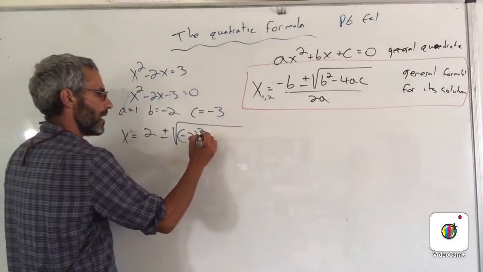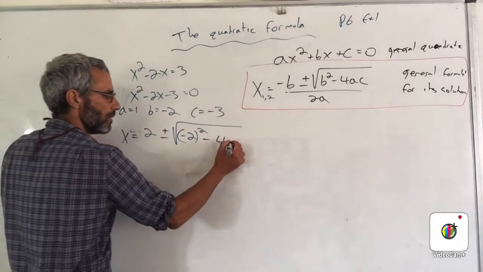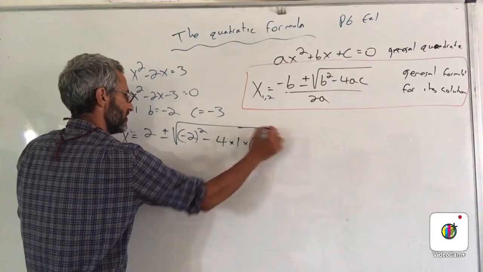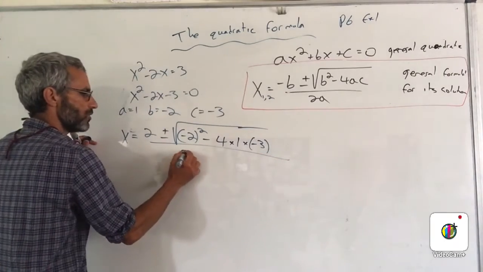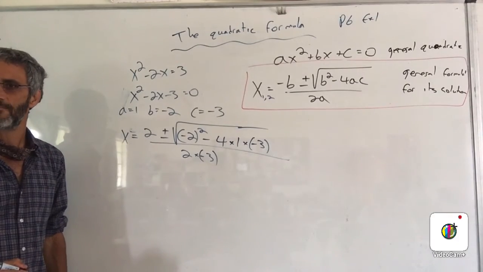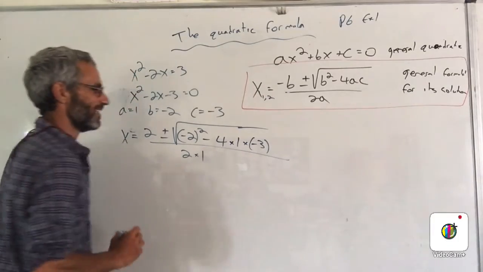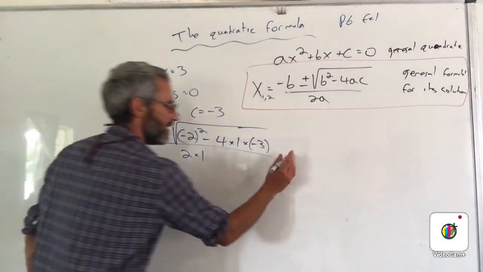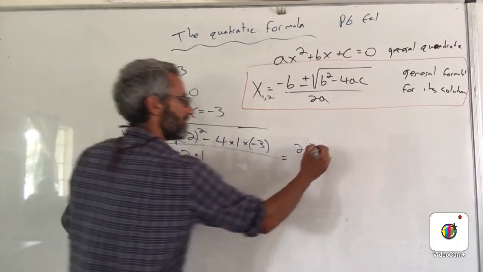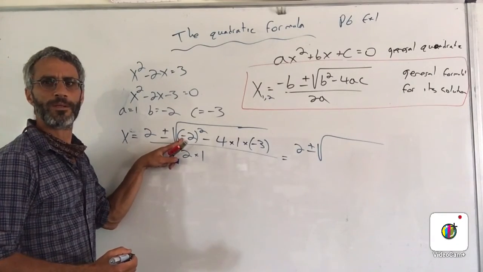Minus 4 times a, which is 1, times c, which is negative 3. Divided by 2a, 2 times 1. Right, let's carry on. So I've got 2, this plus minus, which I didn't explain yet. Let's sort out what's in the square root. Minus 2 squared? 4.